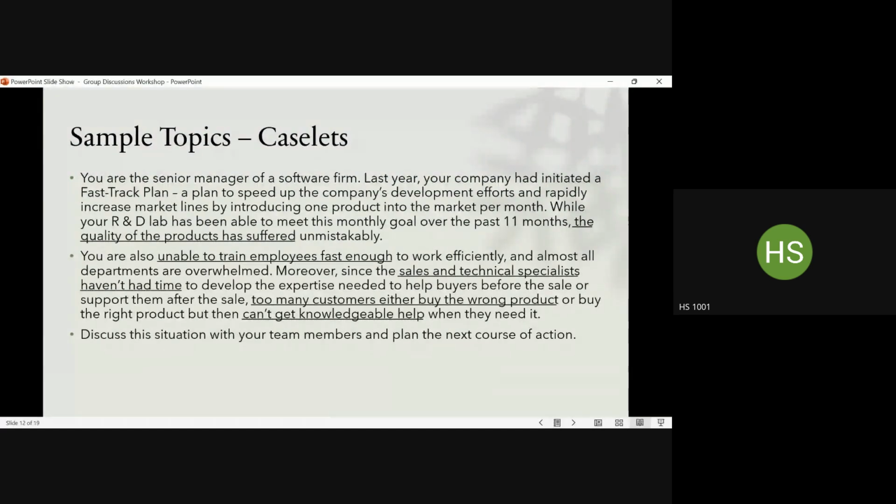So, as soon as the topic is read out to you, you should be able to grasp what the central concerns of the topic are. Now, once you have the central concern underlined, you can structure your arguments or your inputs or your suggestions around one or two of these core concerns.